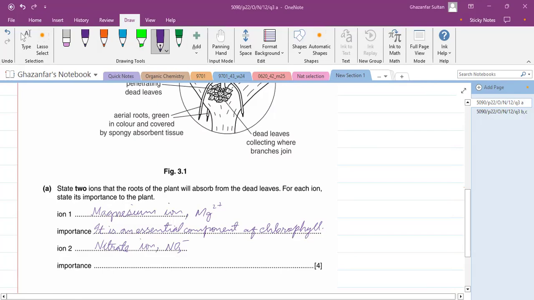Because nitrate provides nitrogen that is used to synthesize amino acids.